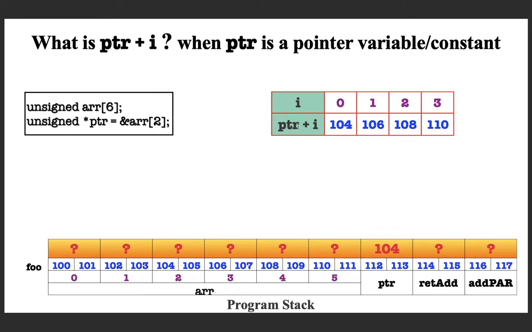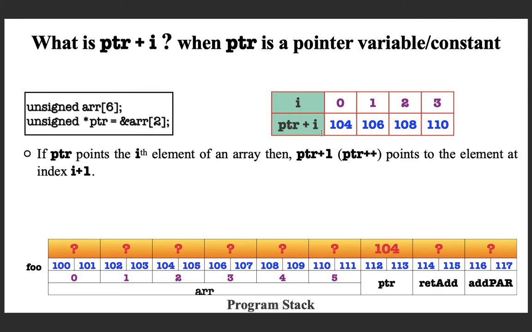And if you look at PTR plus 2, it is nothing but the address of the element 2 positions away from the current position of PTR. The current position of PTR is at index 2, plus 2 means 2 positions away, that is the address of this. Likewise it goes.